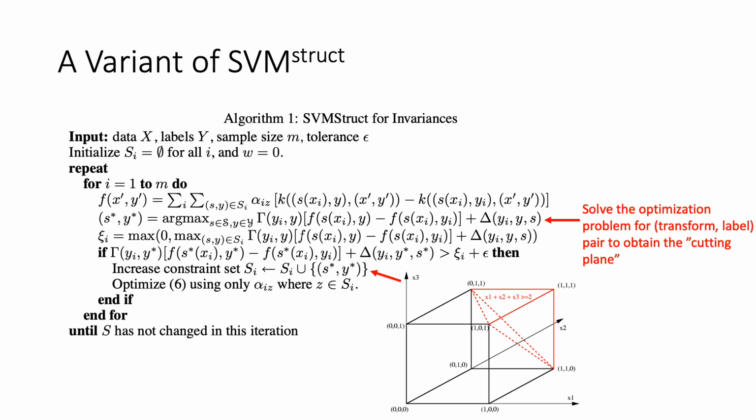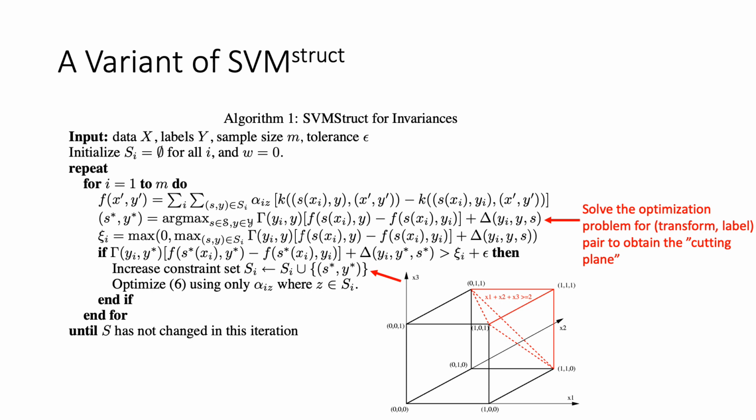If you'll notice, what's inside this argmax here is actually our loss function, the L(x, y, f) that we were looking at earlier. And now that we have our compatibility function that we just defined in the line above, we can use that compatibility function in our loss function with the gamma and the delta function to actually go search over all of the transformation label combination pairs in that argmax over s and y.